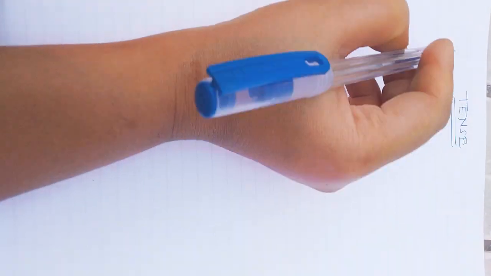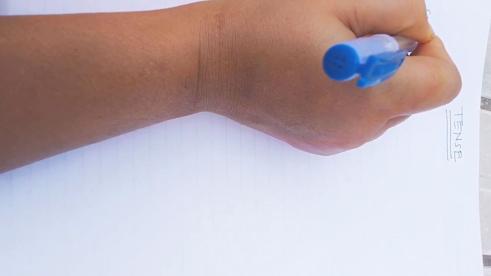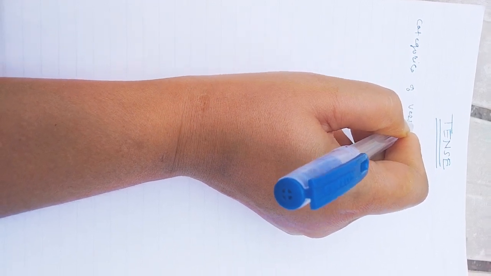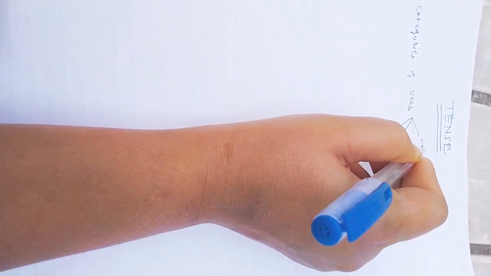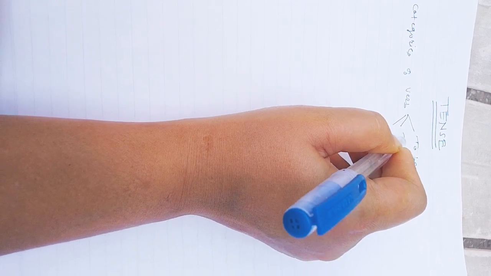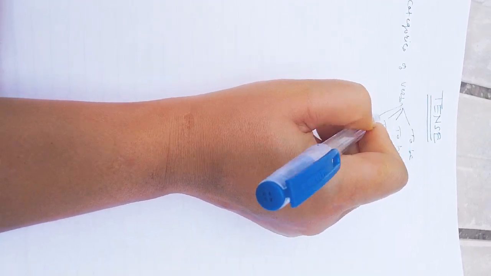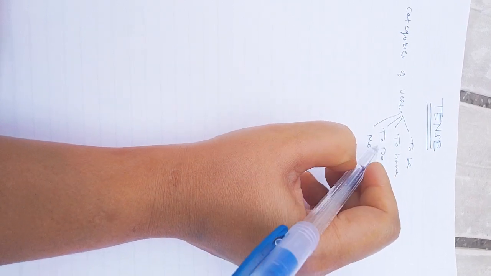In the last video we discussed the basic things of tenses. In that we discussed the categories of verb, that is to be, to have, to do and modal auxiliary.